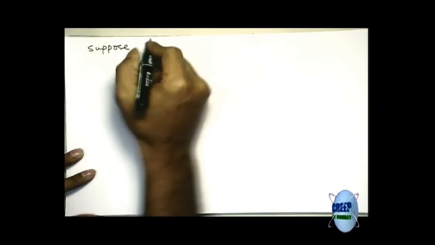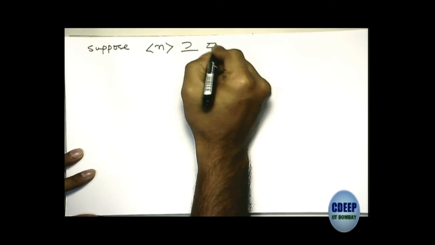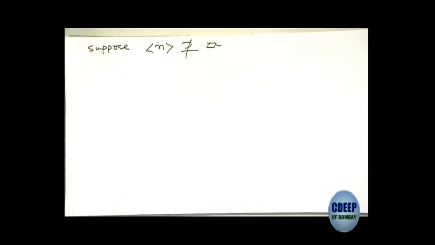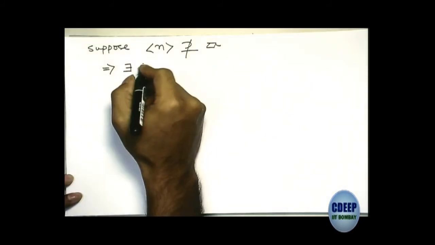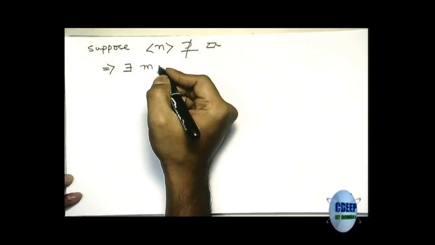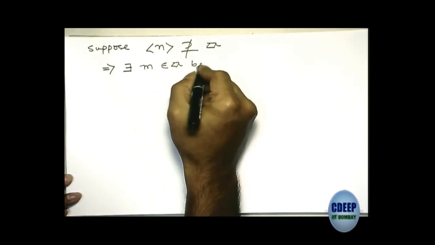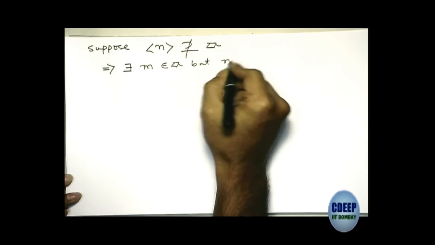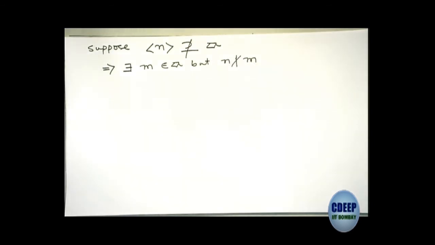Once again, we use contradiction. Suppose the ideal generated by n does not contain A. This would imply what? There exists an M which is in A, but n does not divide M. That is, M is not a multiple of n.